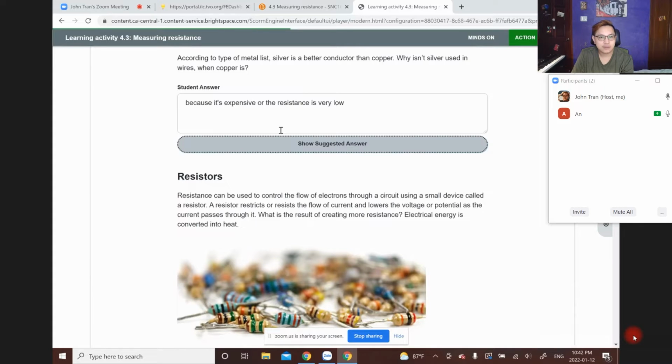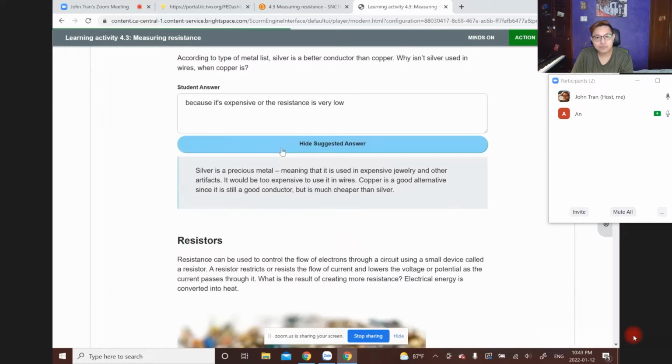Why isn't silver used in wire, copper is? Because it's much more expensive. Even though the resistance is lower than copper, it's too expensive to use. It said silver is used for expensive jewelry and other artifacts, too expensive to use in wires. Copper is more cost effective.